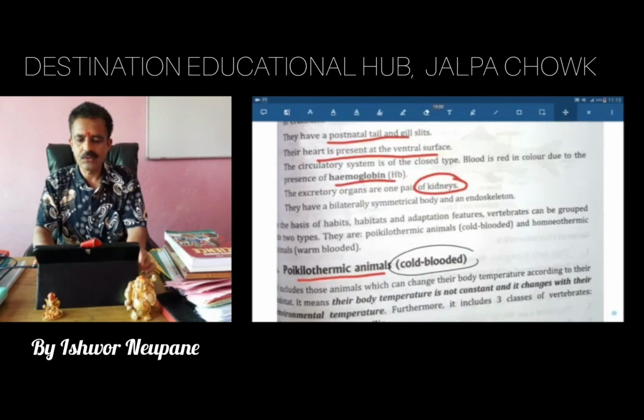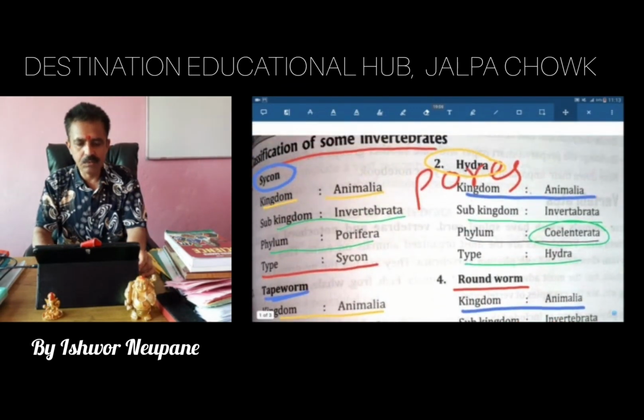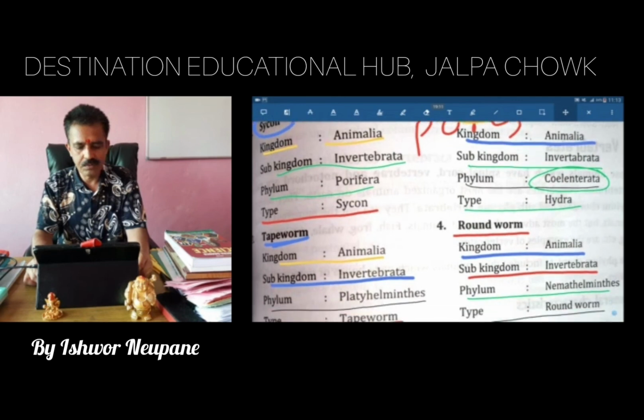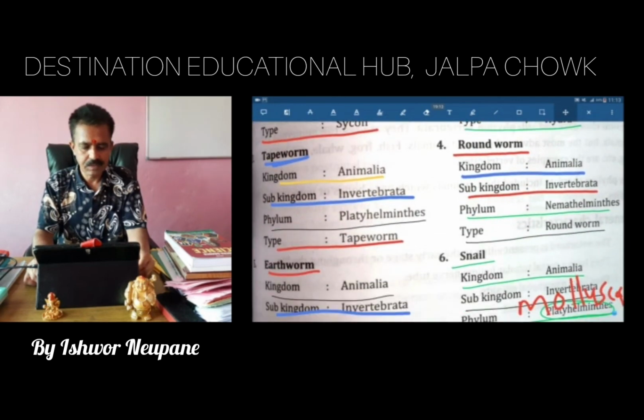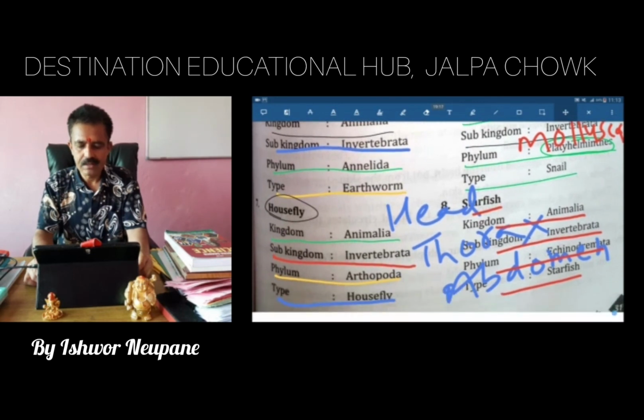Dear students, now it's your turn to do some work. Number 1, classify these animals: cyclone, hydra, tapeworm, roundworm, earthworm, snail, housefly, and starfish, with one salient feature, special feature. Okay?